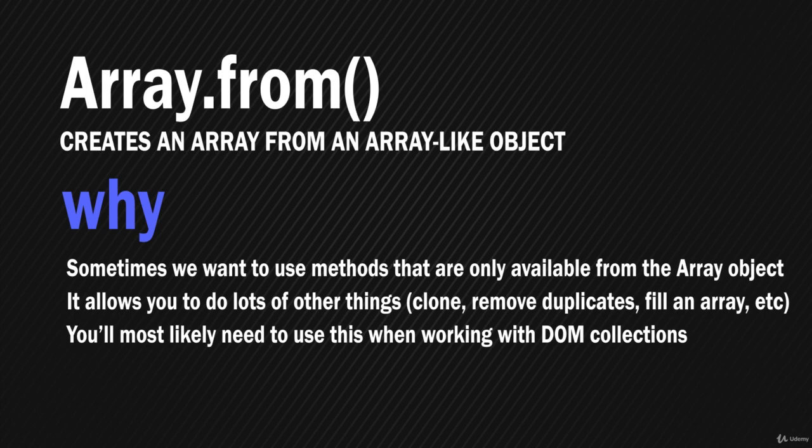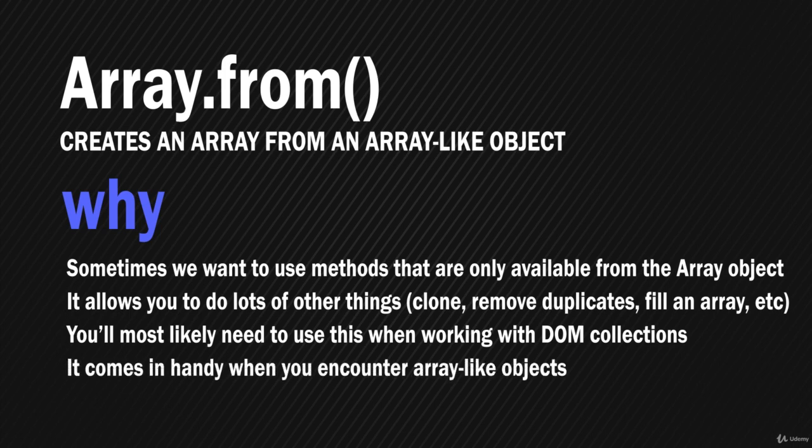So when you're working with a DOM collection, for example, an HTML collection, sometimes we need to convert that into an array object in order to access methods we want. So I guess what I'm trying to say is that it comes in handy when you encounter and work with array-like objects. Hope that is providing a little bit more clarity on what this method does.